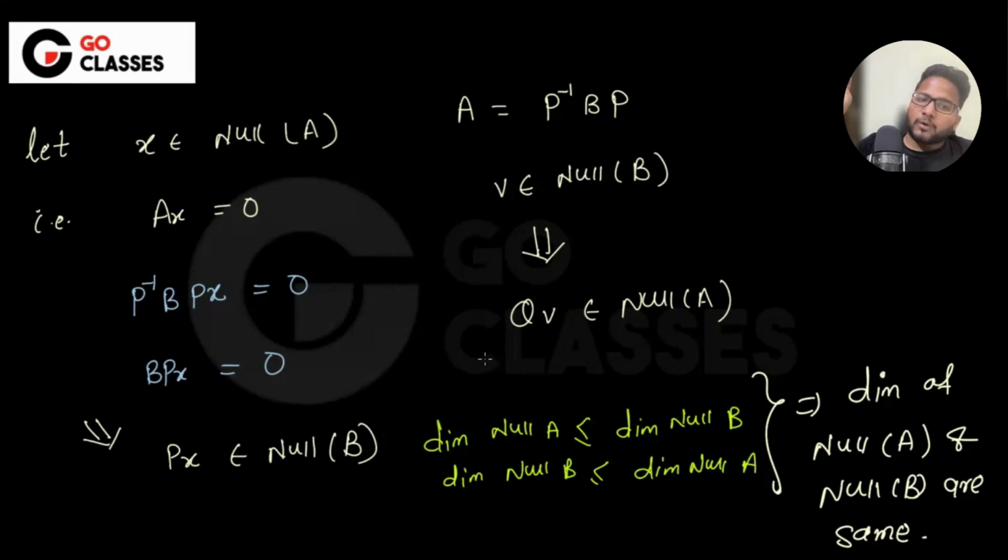Rank is not the number of non-zero eigenvalues. Okay, so this is just one way of proving it, but there could definitely be some other ways.